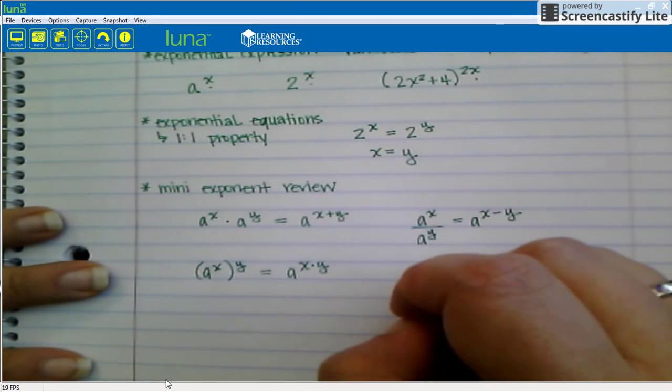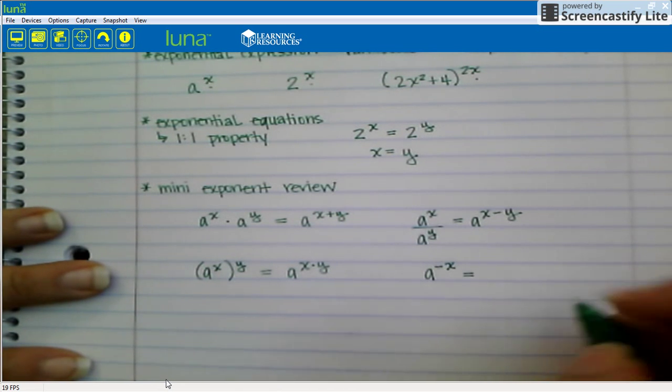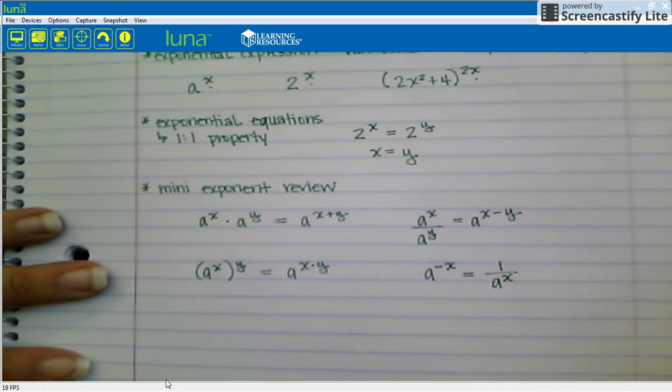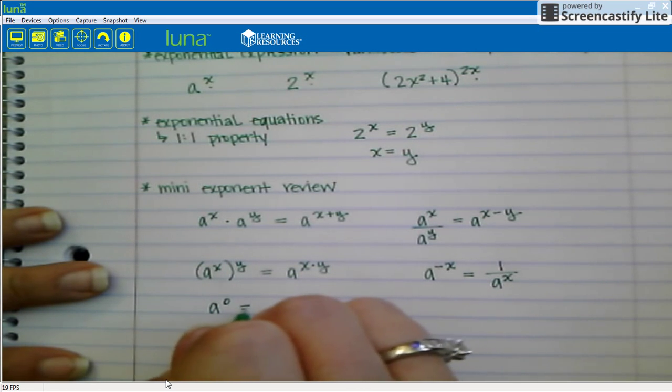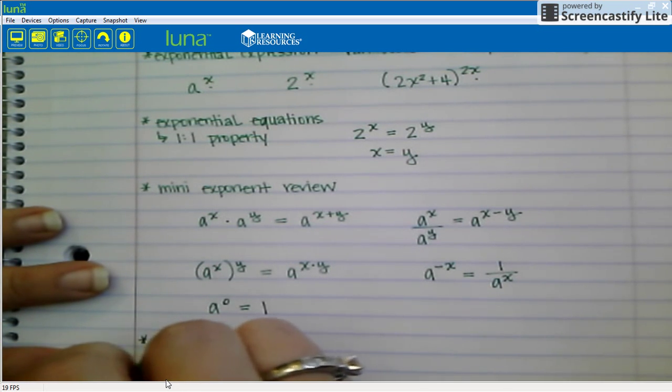If you have a negative exponent, that means the reciprocal of that power. And any number raised to the zero power is equal to 1. So let's do some examples.